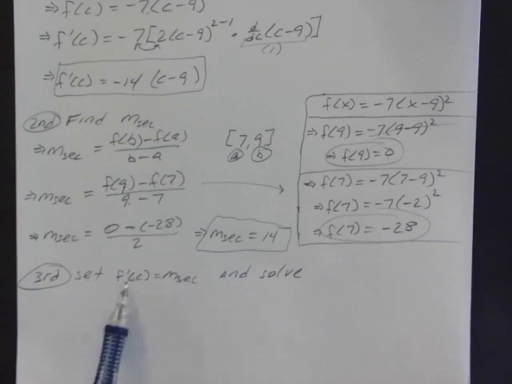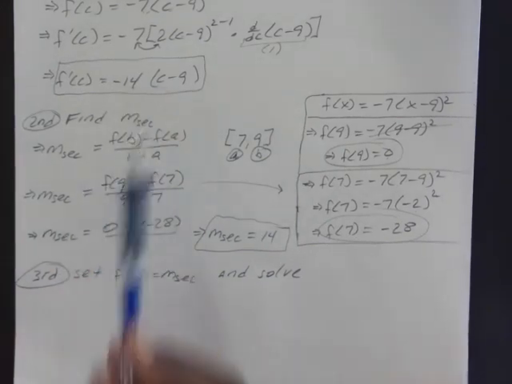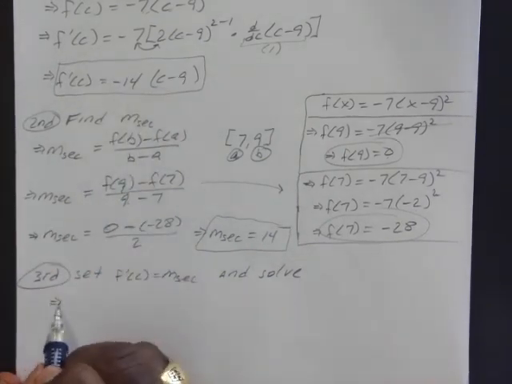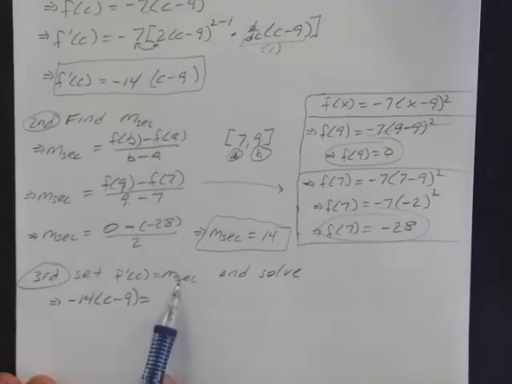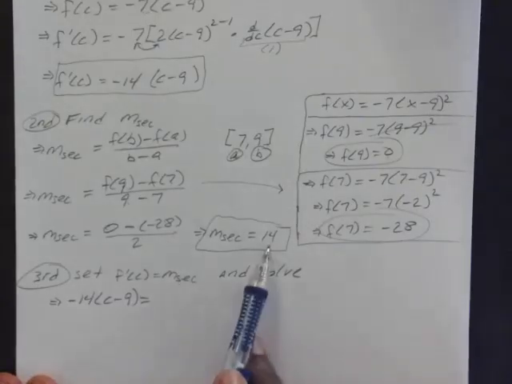F prime of c is negative 14 times c minus 9, so we have negative 14 times c minus 9 is equal to the slope of the secant line, which is 14.